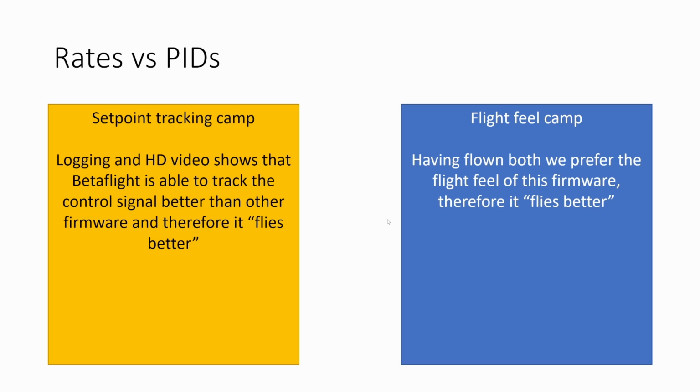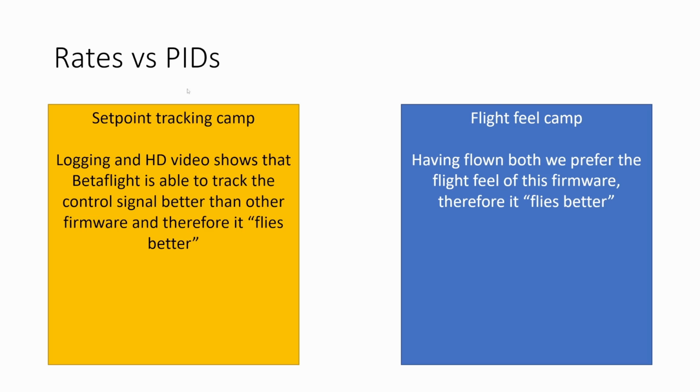And then the second camp is the flight feel camp. And this group of people feel that having flown several different firmwares, they have a preference. They have a firmware which they feel feels the best. And that improved flight feel is what they would use to define which firmware flies better. So you can obviously see where the argument can come in, because people are assessing the firmwares on different criteria.